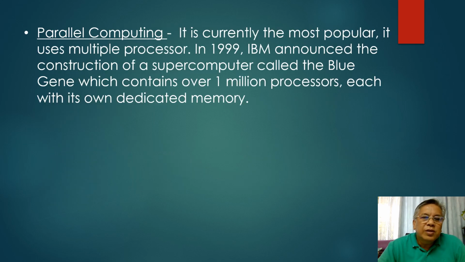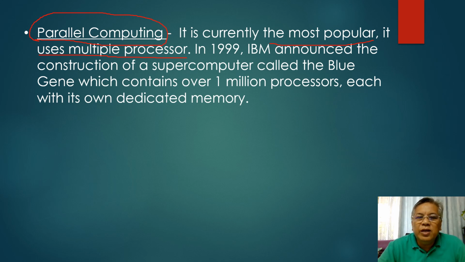Okay, so the other one is parallel computing. So what is parallel computing? It is currently the most popular. It uses multiple processors, just like in your existing computers now, or even in your cell phones. For example, if you have an octa-core computer processor or cell phone, that means it uses 8 processors.